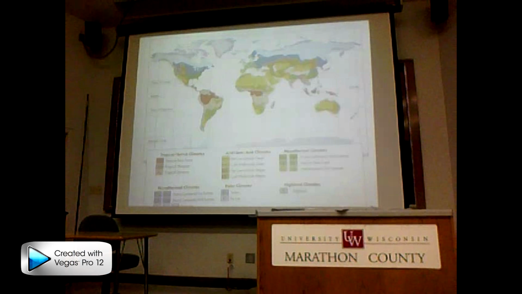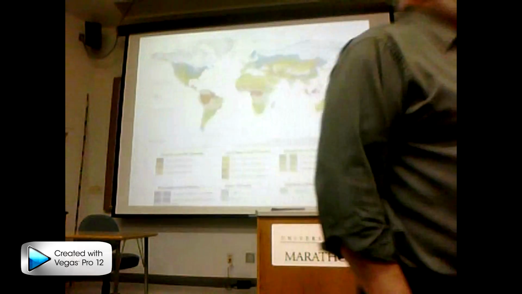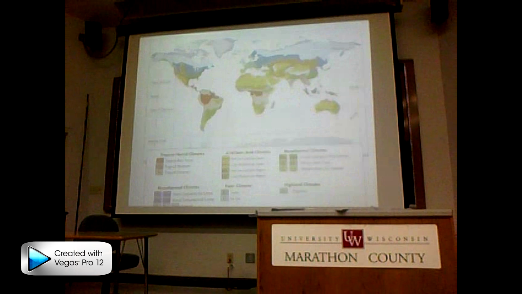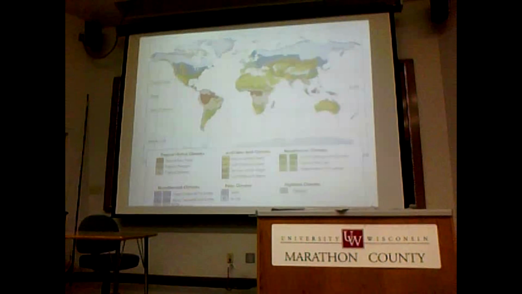I mean, that's a fair amount of precip. Temperatures in the rainforest environment average mid-70s to low 80s, depending on where you are. The average monthly temperature is almost a straight line in the rainforest. So if you're trying to figure out if it's summer, winter, spring, or fall, it's a straight line. It's hot. It's humid.